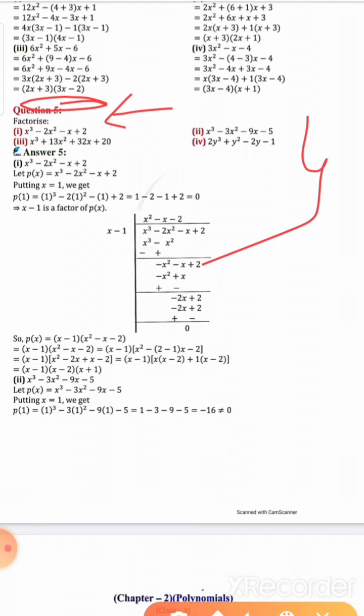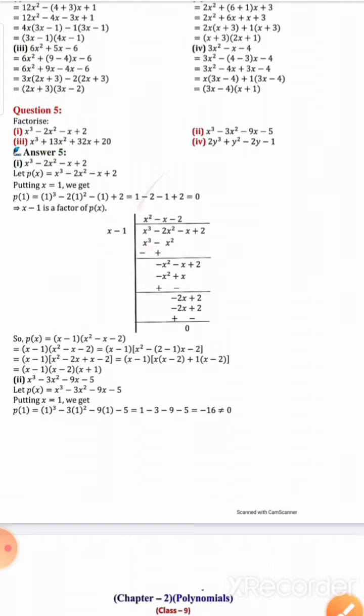So this quadratic polynomial we factorize by using the splitting middle term method. So let us start the first question for solving. Here the polynomial is x cube minus 2x square minus x plus 2.